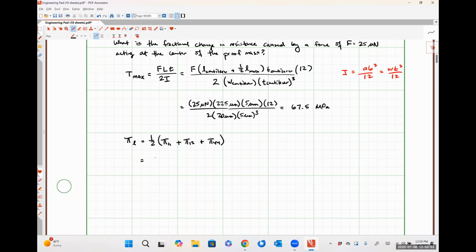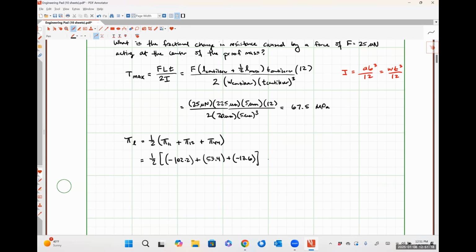So this comes out to be 1/2 times negative 102.2 plus 53.4 plus negative 13.6.